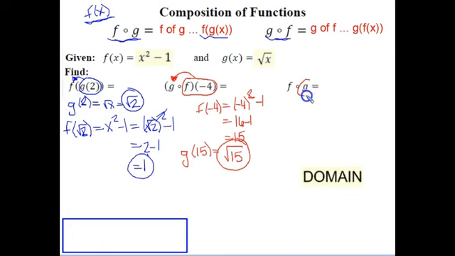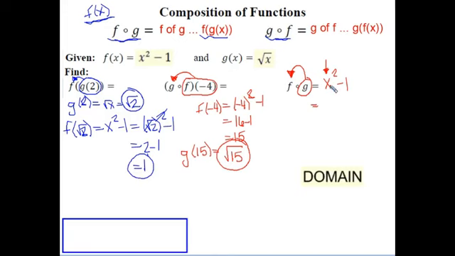So we want to put the g function inside of the f function. So let's first of all start with f. This is our f function, and inside of this x value right here, we want to put in g. We're going to put g into our f equation.